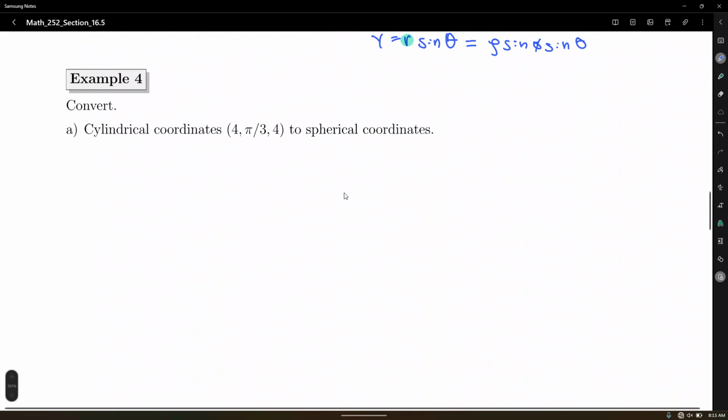Okay, so number one, let's write a sketch of what we're going to do here. We're going to go from r, theta, and z, that's cylindrical coordinates, and we're going to go to rho, phi, and theta. What do we have? So far we're given 4, pi over 3, 4.